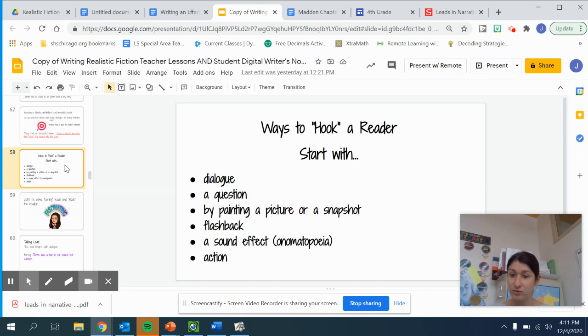So we're going to actually use Lois Lowry's example here and see how she started off her novel. I'm going to read it out loud, and I want you to see what you picture, and I want you to think about which one of these, or she could have used more than one strategy, did she use to hook her readers?